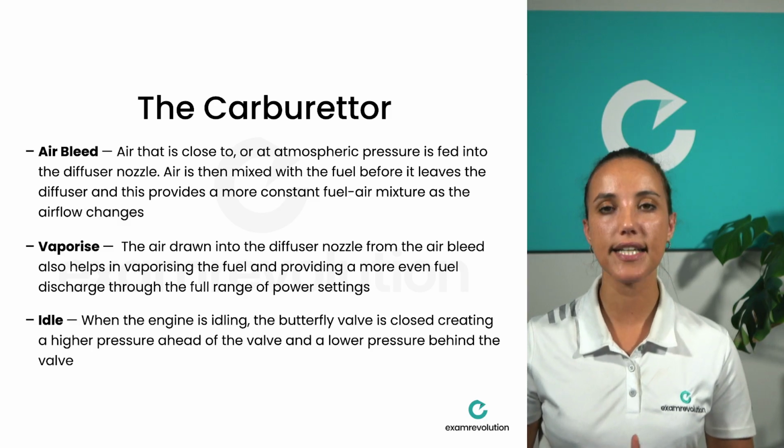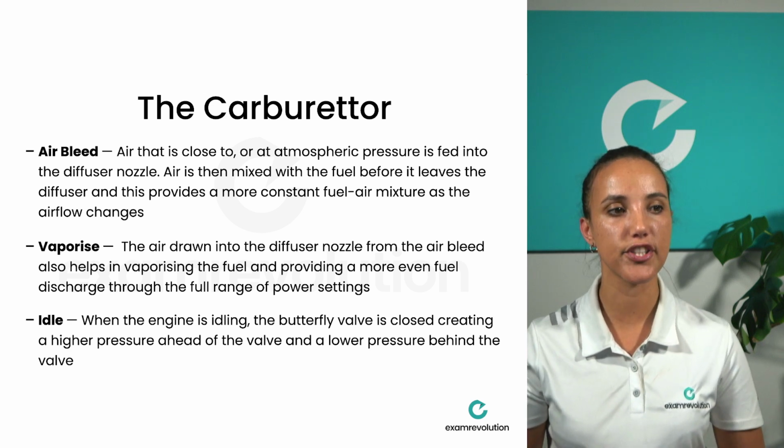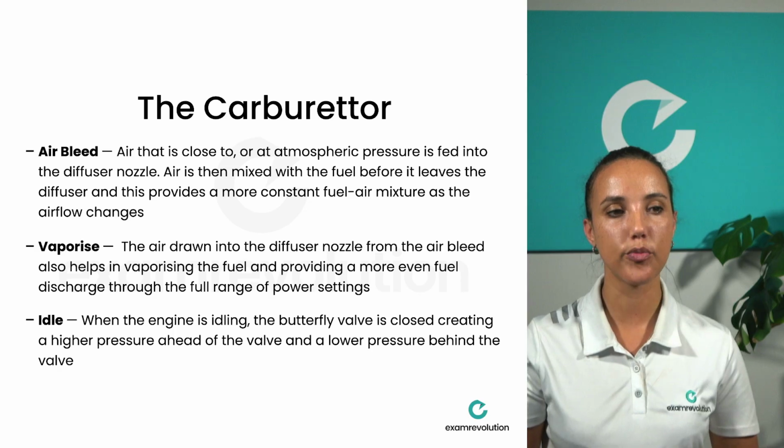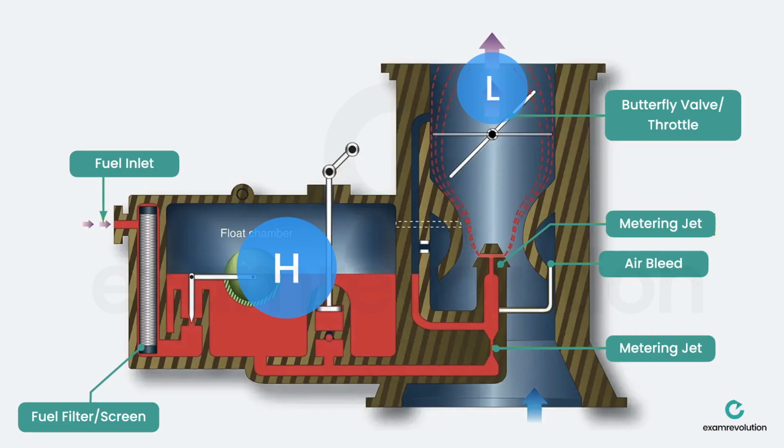So when the engine is idling though, the butterfly valve is closed, creating a low pressure behind the valve and a higher pressure ahead of the valve. So once again, closing the throttle will close that butterfly valve, and you have a high pressure in your float chamber and a low pressure behind that closed butterfly valve.